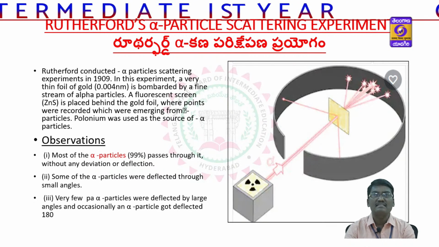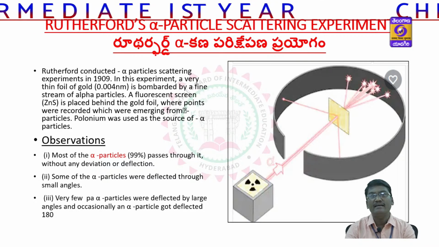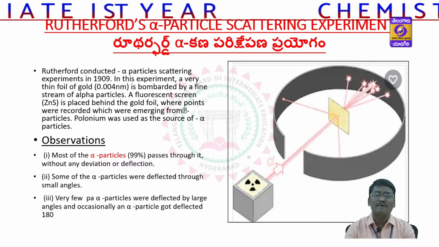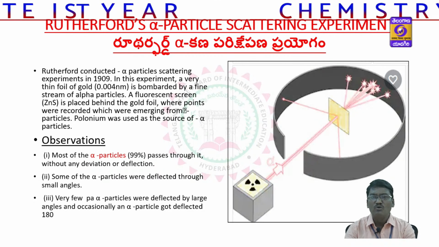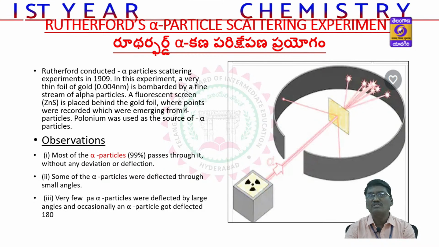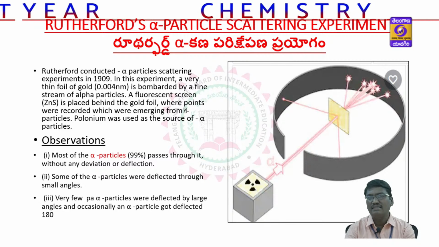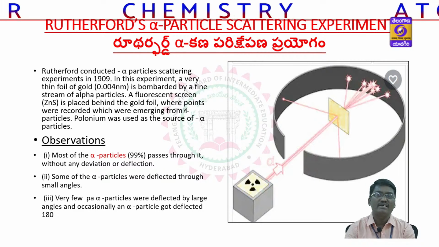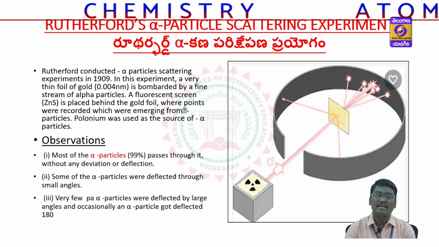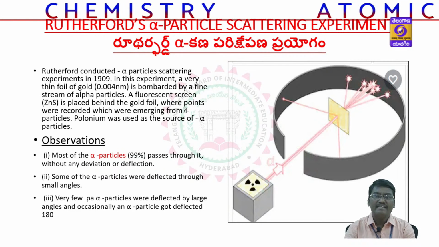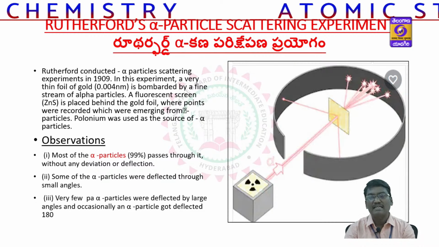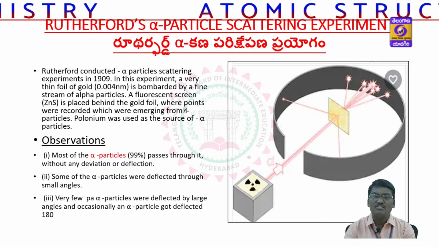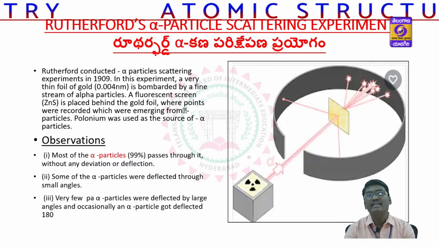Those alpha particles are bombarded straight onto the gold foil, and most of the particles move through it. So the experiment gave some observations. Most of the alpha particles, 99% of them, passed through without any deviation.